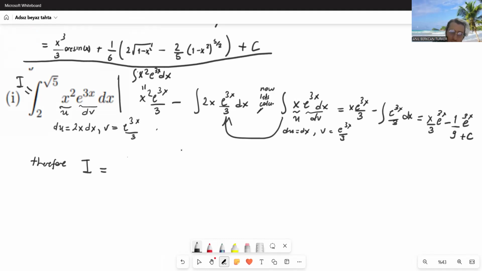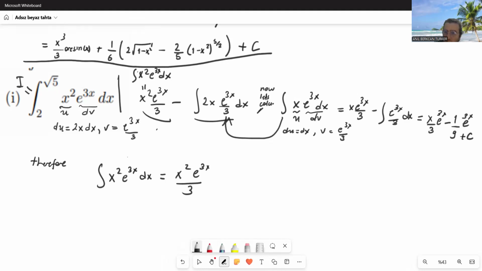Without boundaries. When you put the boundaries, what do you get? First let me write this integral in a clearer form. The integral of x squared e to the power 3x dx is equal to x squared e to the power 3x over 3, this part.